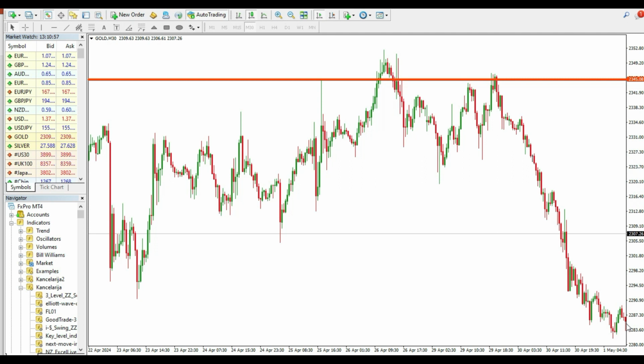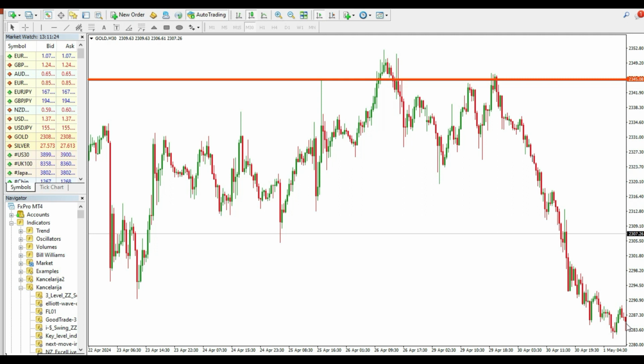So like I said, you can try to spot this kind of Quasimodo pattern on your charts, particularly at the end of the month. If you like to trade double tops or double bottoms, these patterns are very good, and you can use the same strategy that you use for double tops or double bottoms.